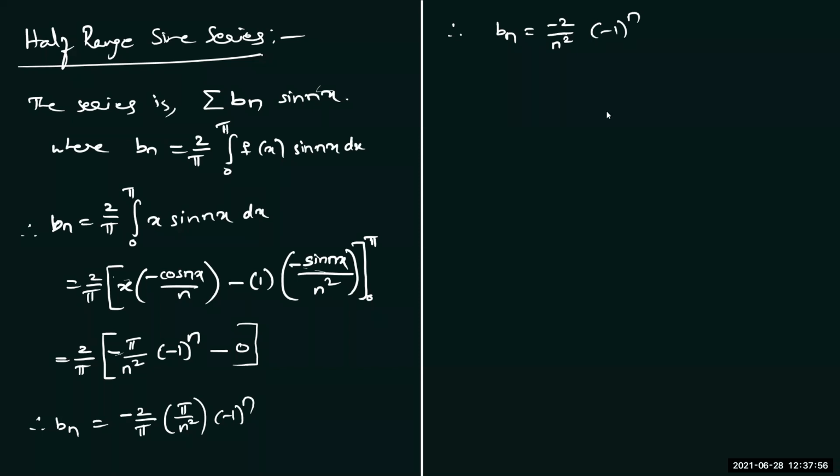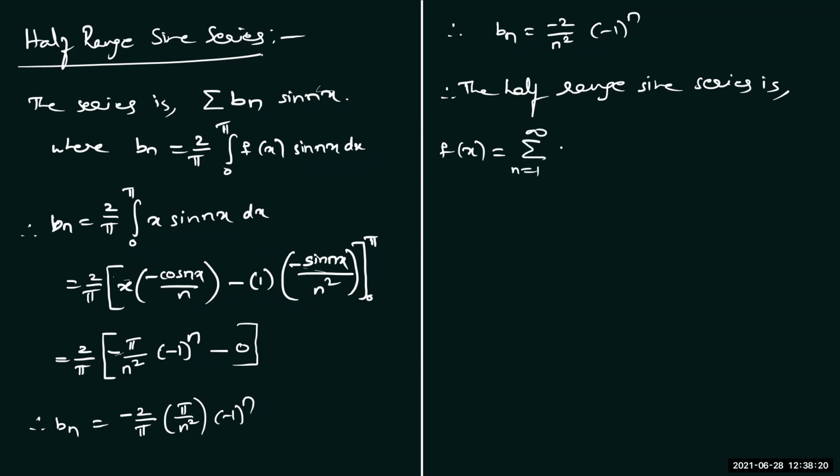If you substitute this now in the formula finally, therefore, the half range sine series is f of x equal to, I'm just substituting, 2 by summation n equal to 1 to infinity. I'm just substituting the value of bn. It is minus 2 by n square into minus 1 to the power of n multiplied by sine nx. Right? If you want, you can take different values of n and rewrite it. But anyway, I'm stopping here.